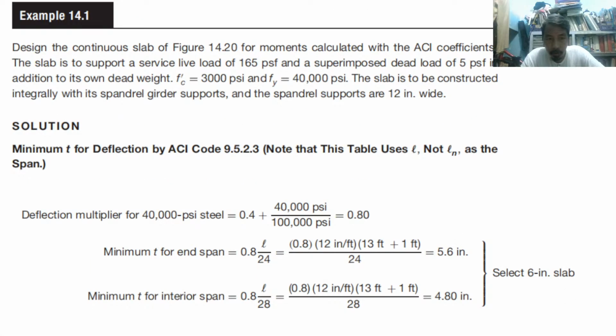So we already know the thickness, so we can even estimate the dead load due to self weight. You can even do that. So 0, 4, 1. So let's proceed.